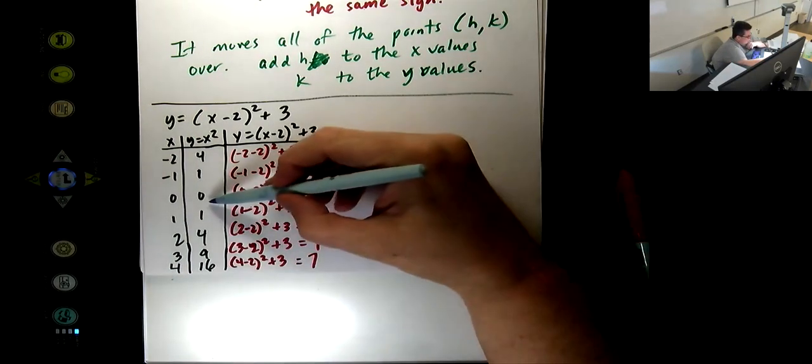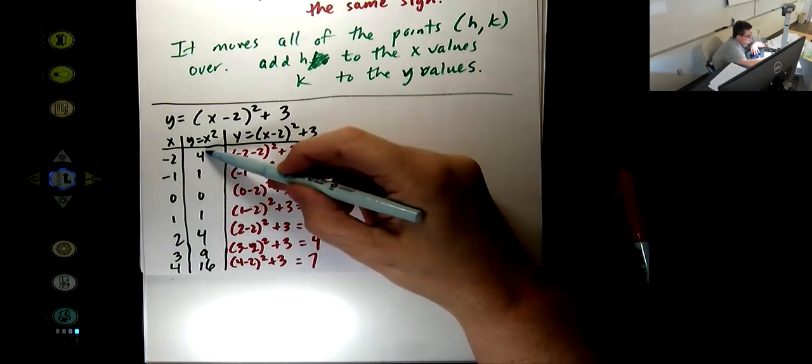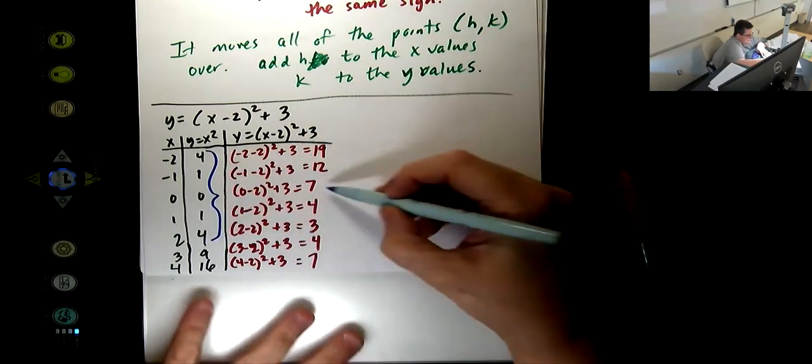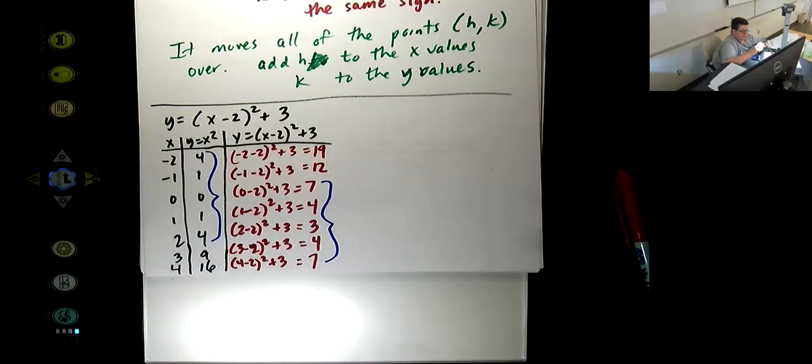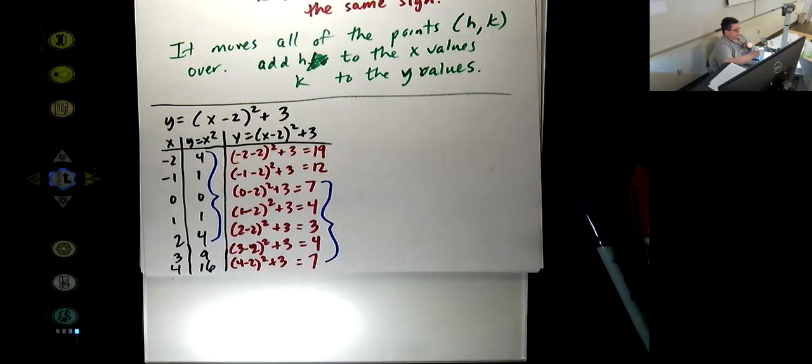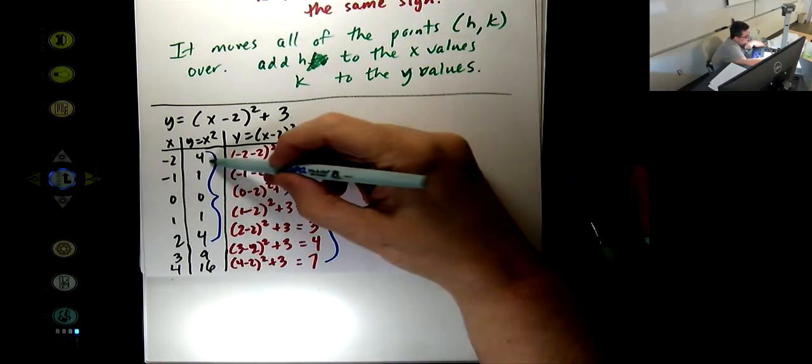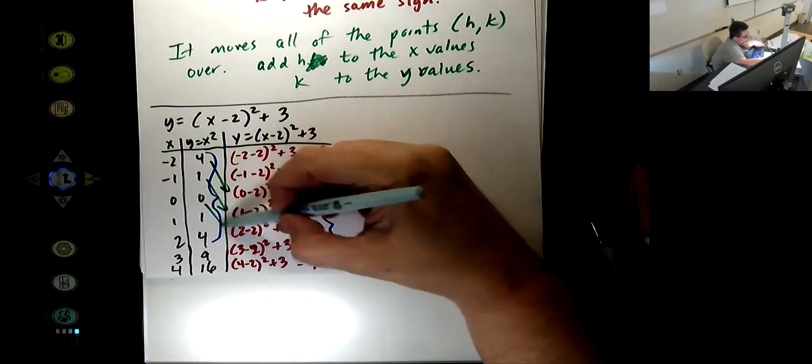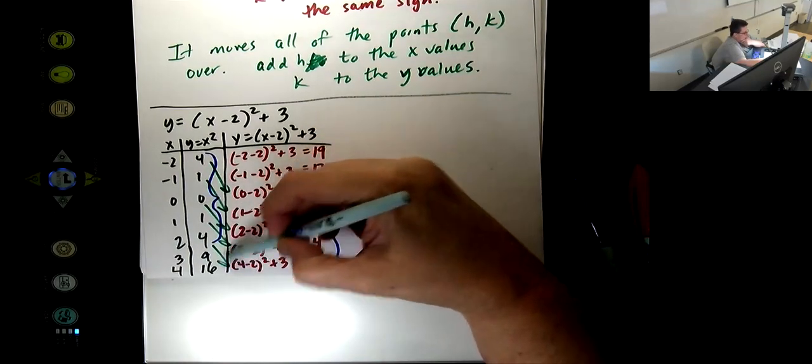So if we realign it, this symmetrical part right here is now here. So it's shifted right 2, because these are the x values that moved.